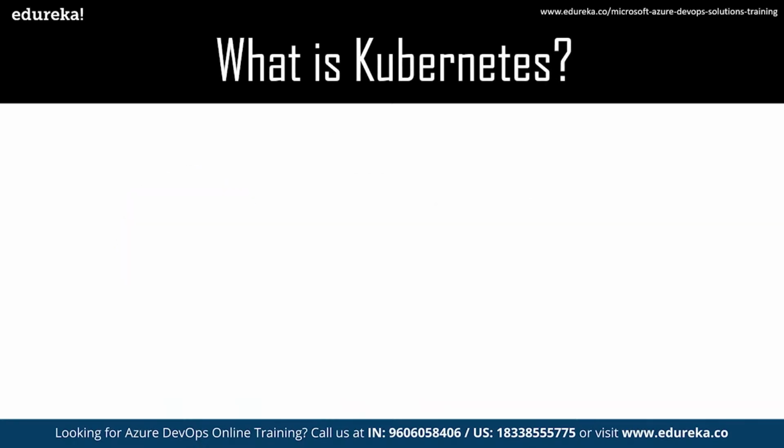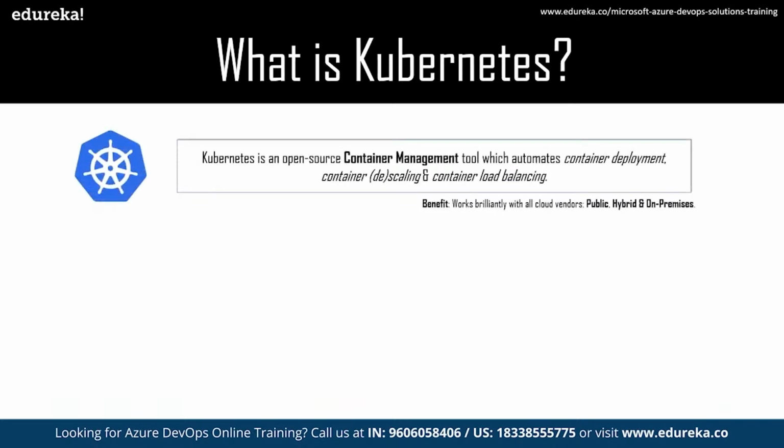Okay, let us now go ahead and understand what is Kubernetes, right? So I've already explained what Kubernetes is. There are not a lot of different pointers left to be explained. If you talk about Kubernetes, it is an open source container management tool which automates container deployment, container scaling, and container load balancing.